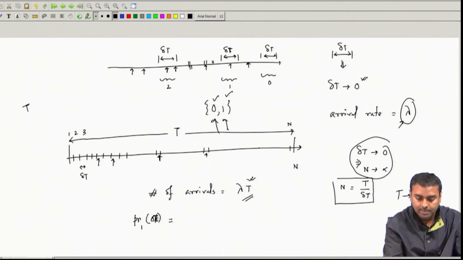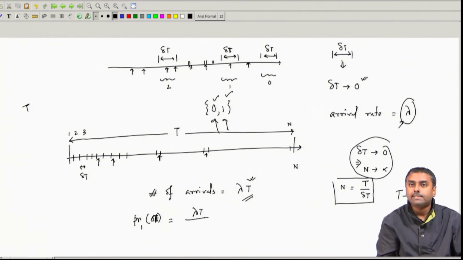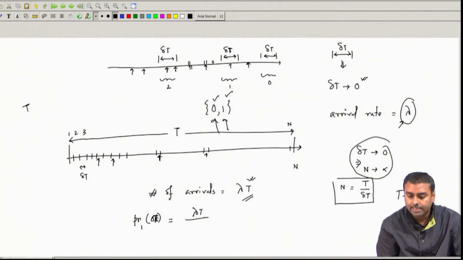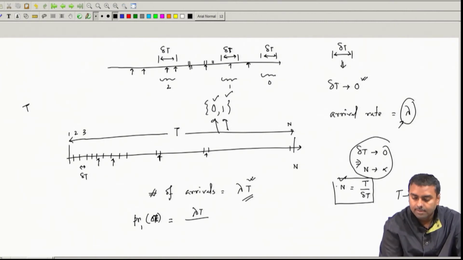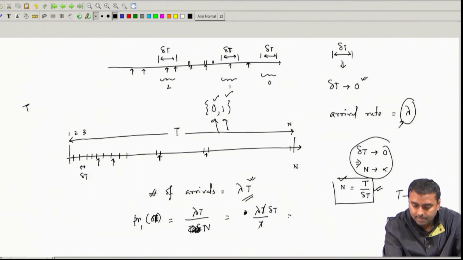And how many total possible intervals are there? That is N, which is T by delta t. So, I can write this as lambda T divided by T over delta t, and T gets cancelled.